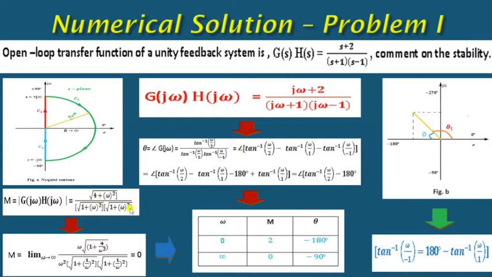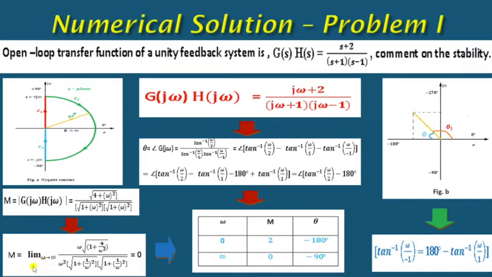Similarly, the real part is minus 1 and the imaginary part is omega. That means j omega square, where j square is minus 1, so whole square means plus 1. So that's why we can write this as omega square plus 1. Clear?